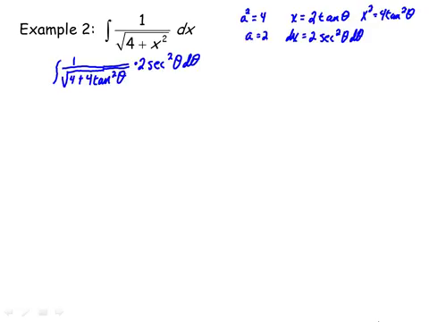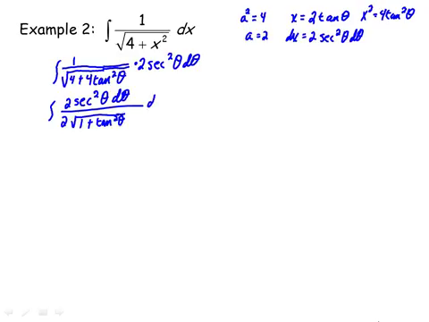All right, so what are we going to factor out? So we're going to have 2 secant squared theta d theta. We're going to factor out a 4. The square root of 4 is going to be 2 times the square root of 1 plus tangent squared theta.